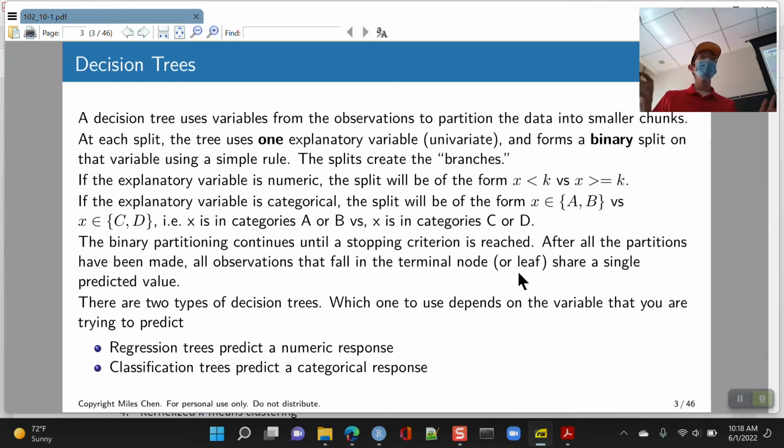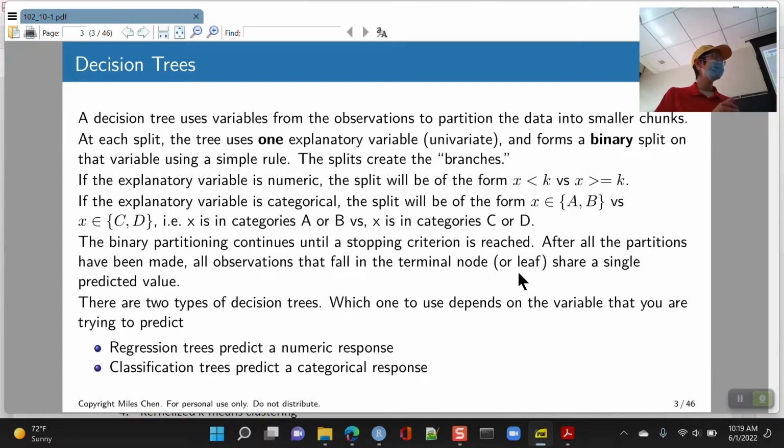We don't have more complicated splits right now. Research can be done on making more than a binary split, but the math gets messy, so we stick to the binary split, okay? So if the explanatory variable is numeric, then we form a split where you pick some number, and the split is whether x is less than that number or x is greater than that number, okay?